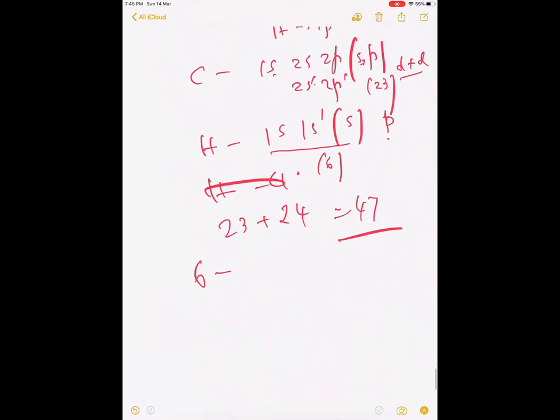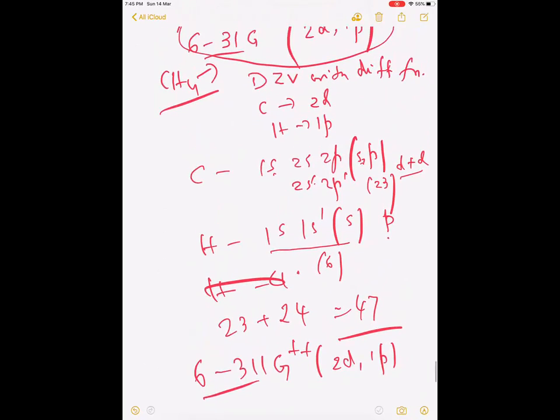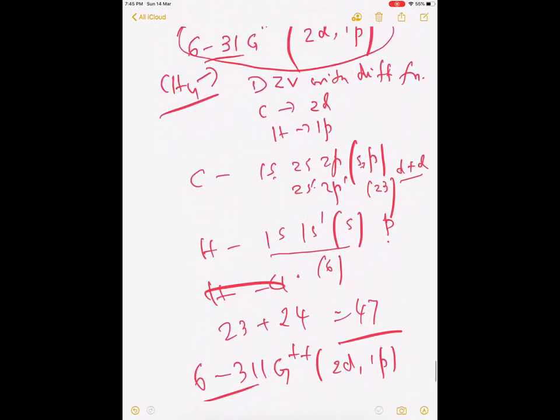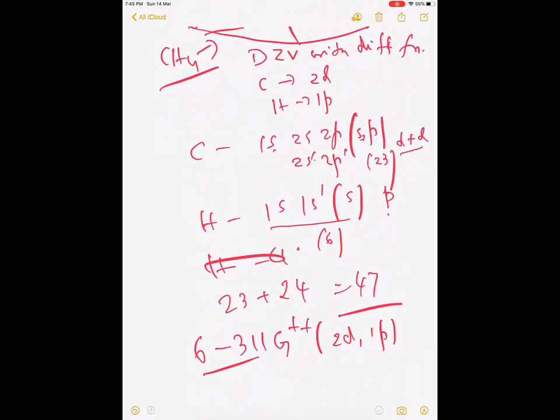Of course, if I do 6-311++G with 2D, 1P, the number will change. This will become triple zeta plus diffuse. So the number will become much larger. One more 4 functions will be added to the carbon, one more function in the hydrogen. So 4 plus 4, 8 functions will be added. I hope I don't have to keep doing it, right?